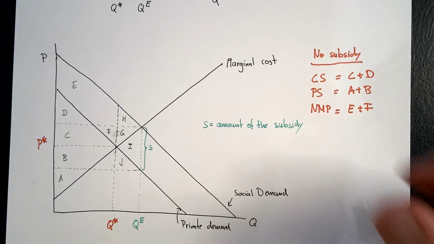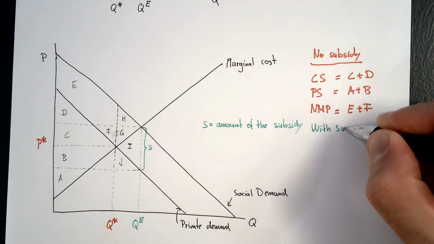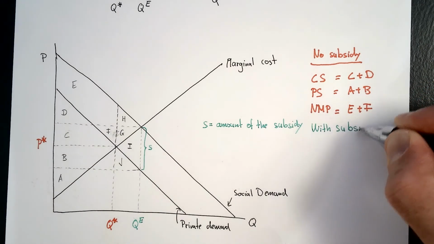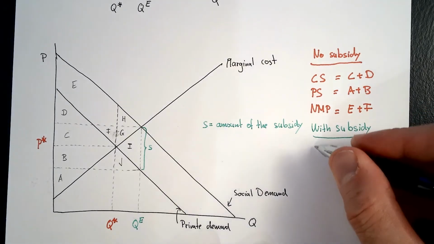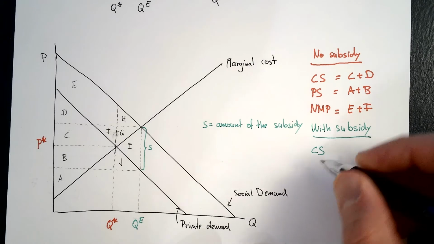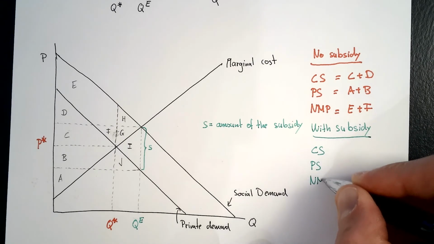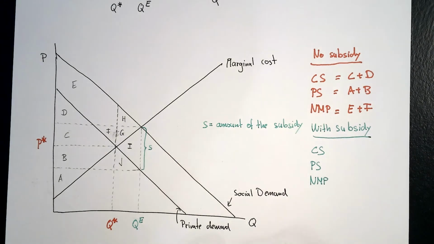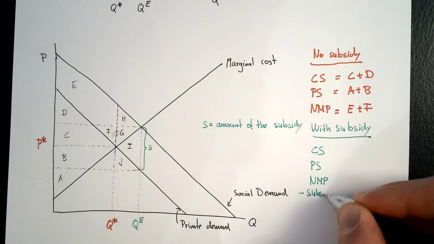Now, what happens if we introduce the subsidy? Let's look at the case with the subsidy. Again, we have the consumer surplus, the producer surplus, and the benefit to non-market participants, but we also have to subtract the subsidy.